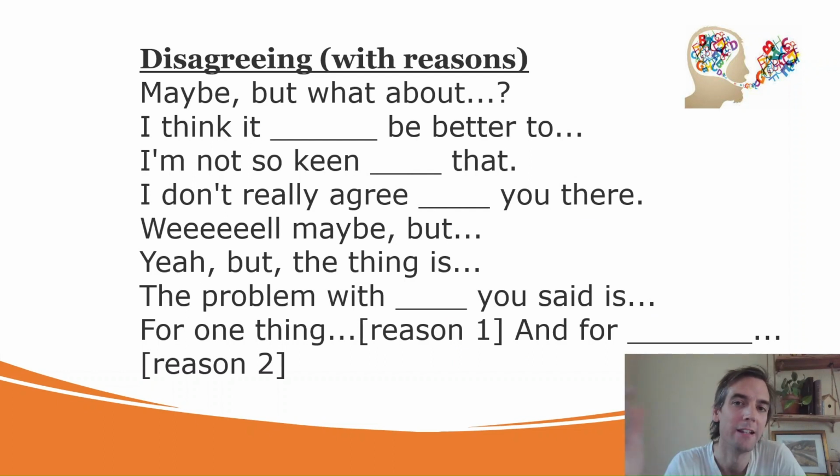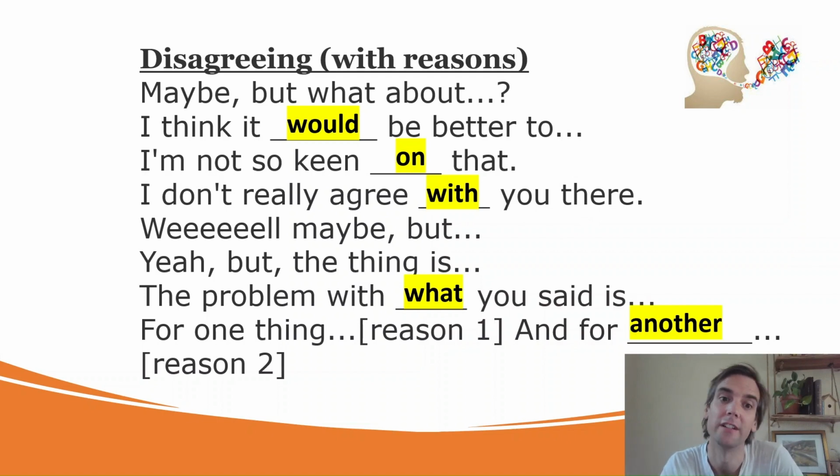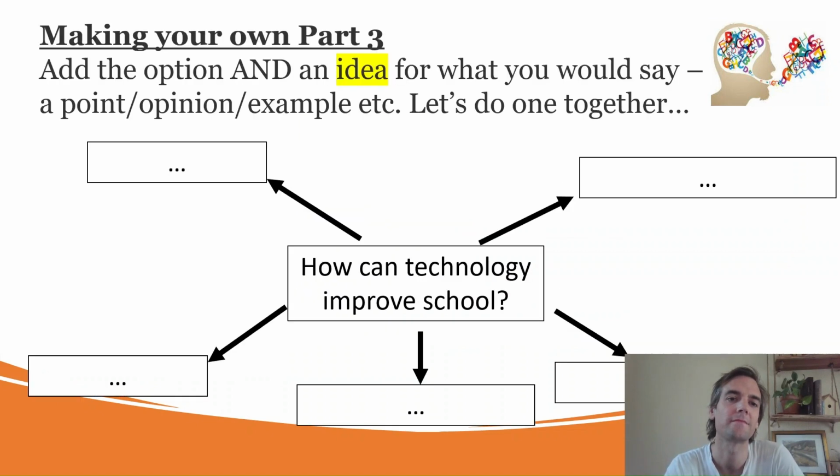Maybe, but what about, I think it would be better, I'm not so keen on it, I don't really agree. Well, maybe, the problem with what you said, well, for one thing and for another. So you're always politely disagreeing and giving reasons. You can't just say, you are wrong and you are a grotesquely ugly freak. No, we have to be, well, I see what you mean, but you are disagreeing in a nice, polite way.